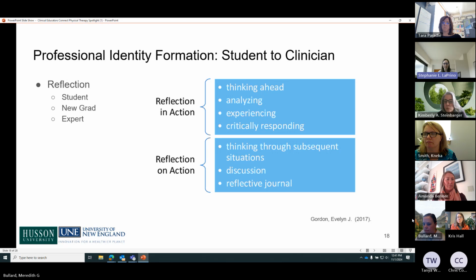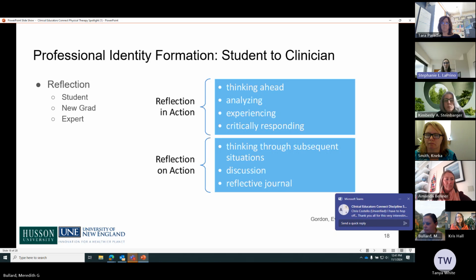We have reflection in action and we have reflection on action. So obviously in practice, that is more of an advanced practice. The students try and do it. Some do pretty well at it. There are others that struggle a little bit. But this really becomes standard practice to us as expert clinicians when we're in the clinic.